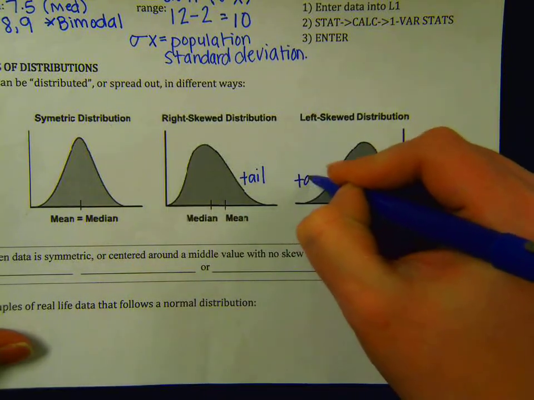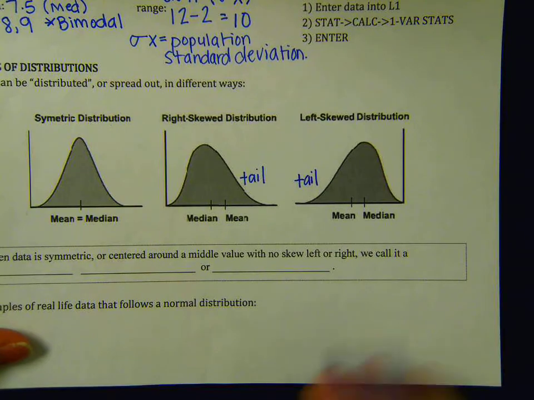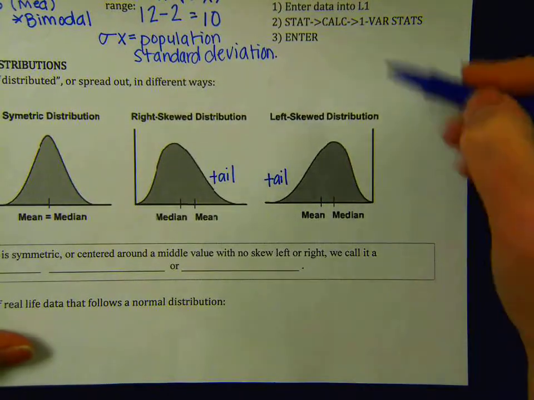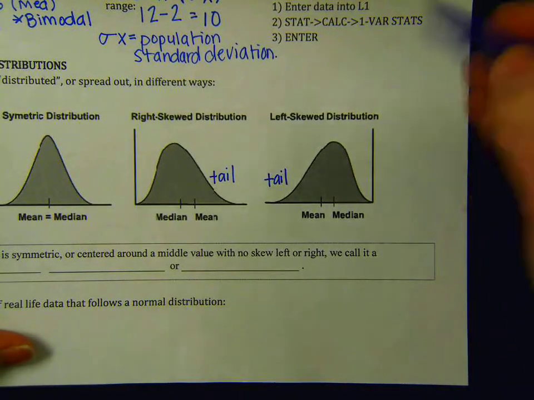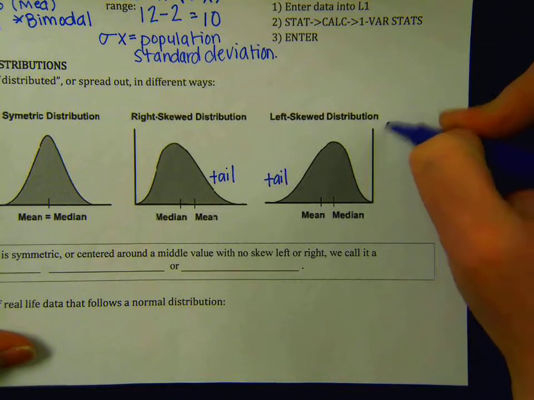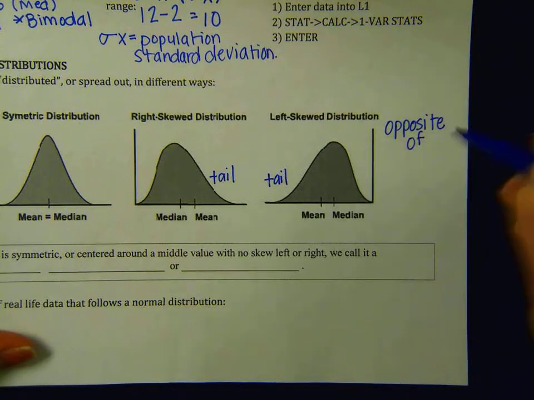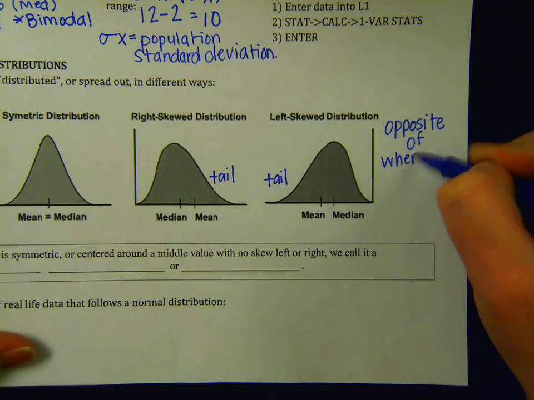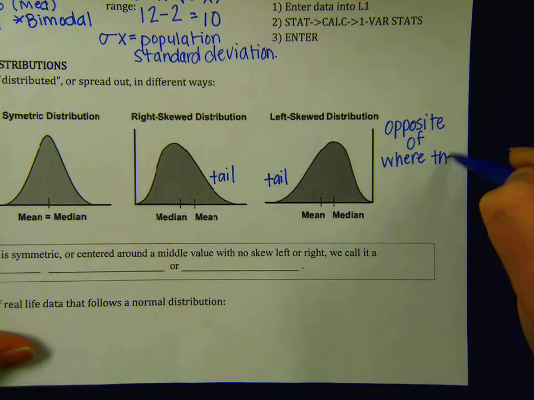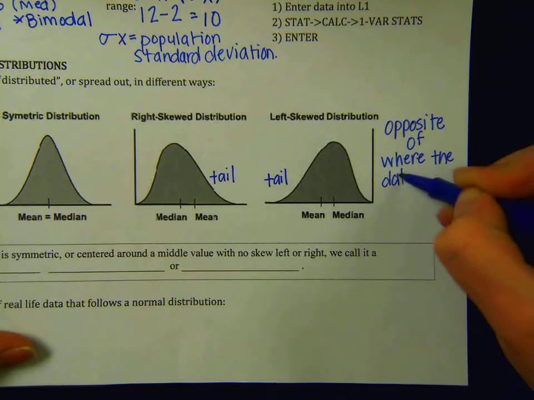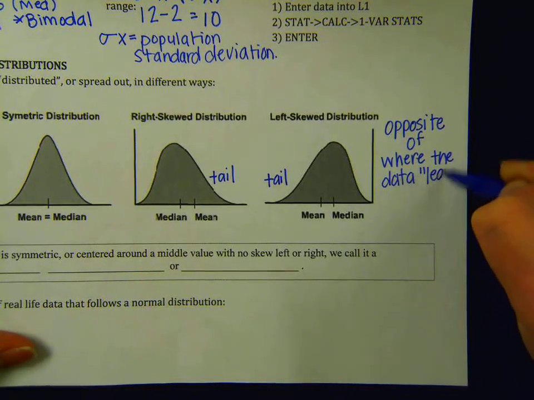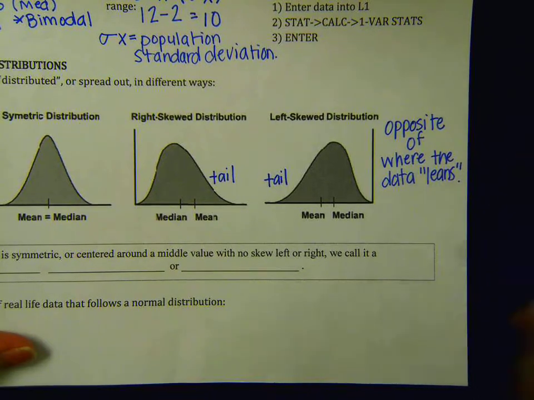Tail is on the left, left skewed. And ultimately, you're just going to say it's the opposite of where all of your data leans. Whichever way helps you remember it, that's the way you're going to go.